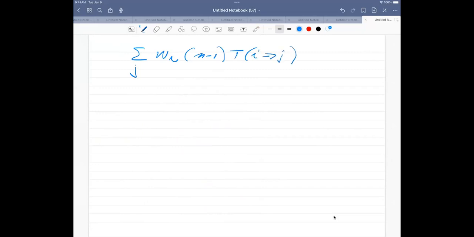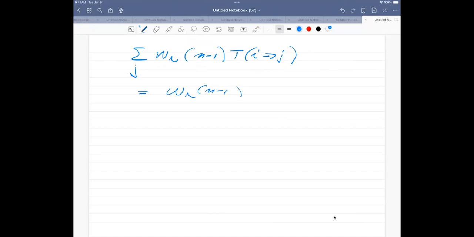This is just a constant, so I can put it out, and the sum over T goes to 1 due to the normalization condition. So this is just going to be equal to w_i of n minus 1.